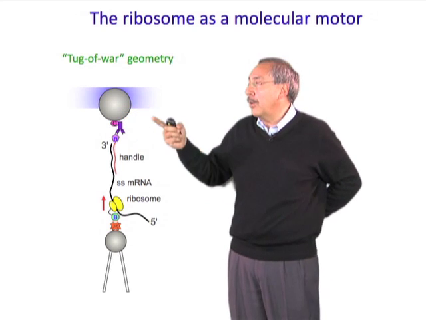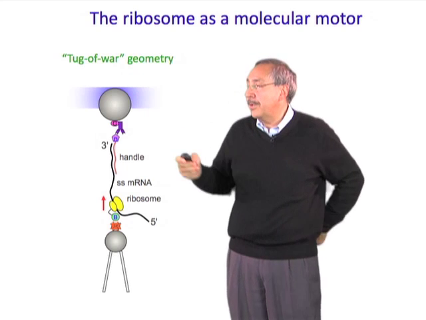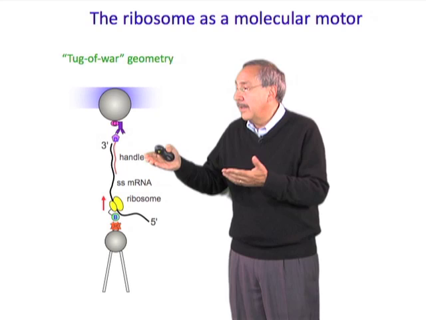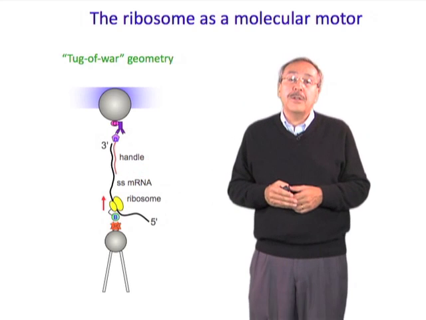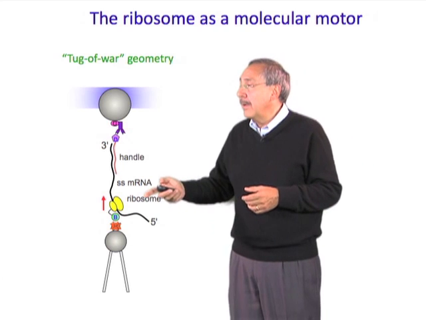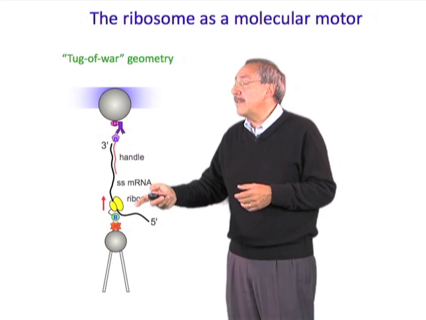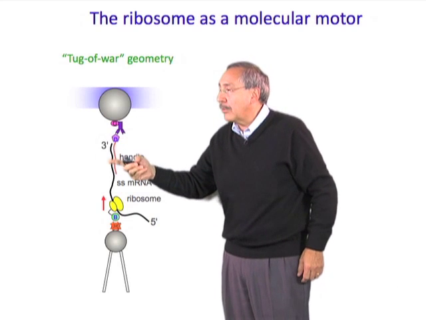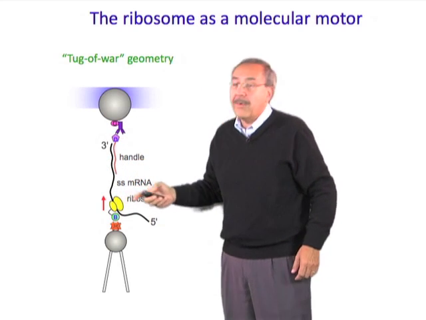And now this is what we call our tug of war geometry. And now when we add all the reactions for translation to occur, or the reaction mixture for the translation reaction to occur, what we'll see is that the ribosome, in order to translate this mRNA, will have to pull the bead out of the trap in order to actually move along the mRNA.